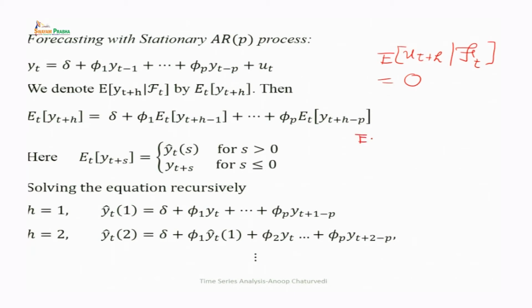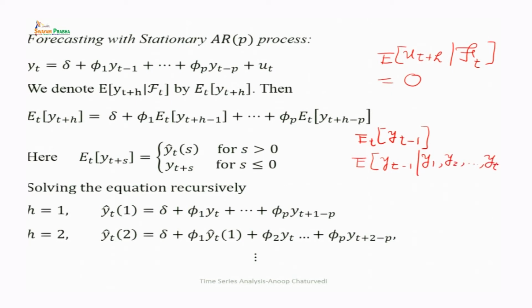the expectation E_t of y_{t-1}, given the information up to time t, means you have the observations y_1, and so on up to y_t.